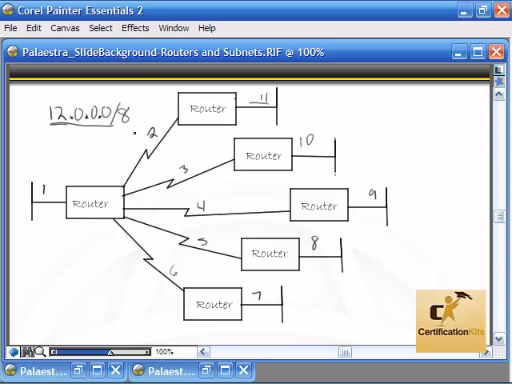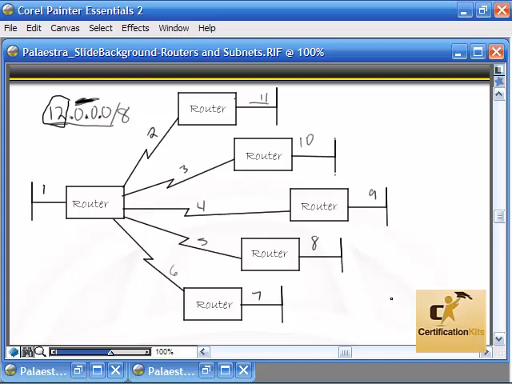And what I'm going to need to do is change this subnet mask, because with the 12 the way it is, I can only address one of these broadcast domains. So I have to use some of this area over here to represent the sub portions of network 12.